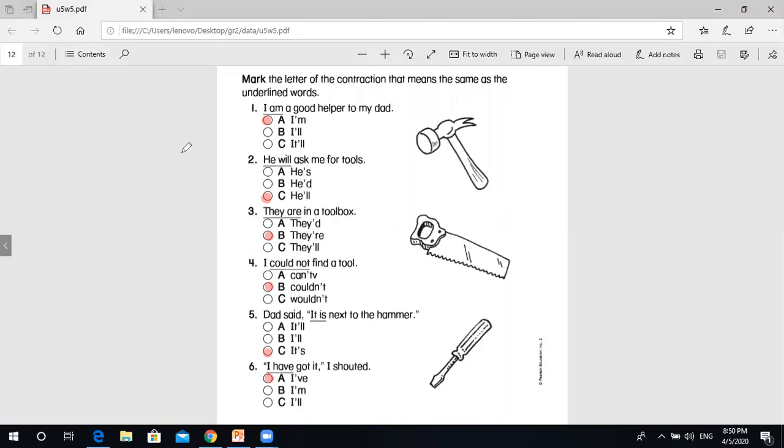The second one is a verb plus not. And the last one, the third one, is two words together. I combine two verbs together. Goodbye.